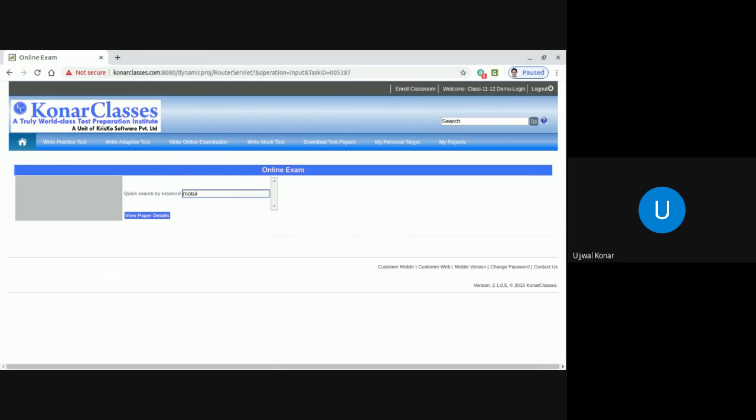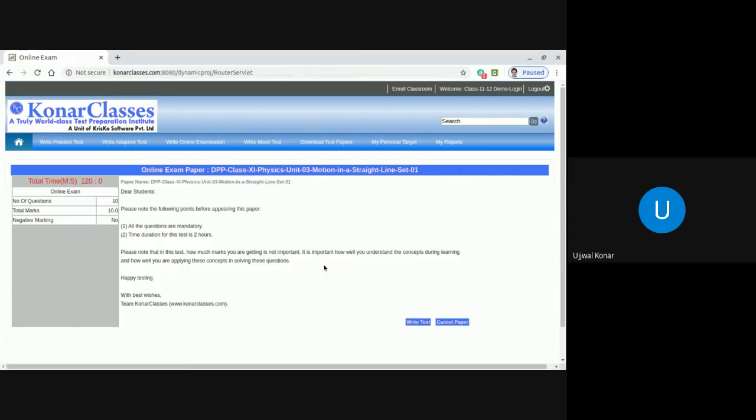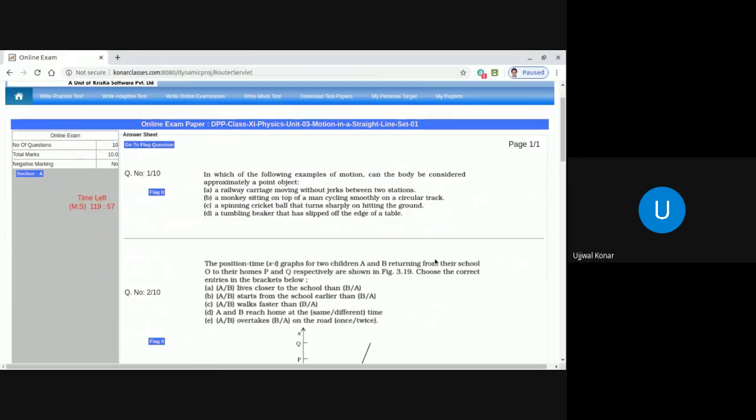If you go to motion in a straight line, you see these questions are important for a purpose: to make your understanding very clear, to get a realization that your understanding is clear.